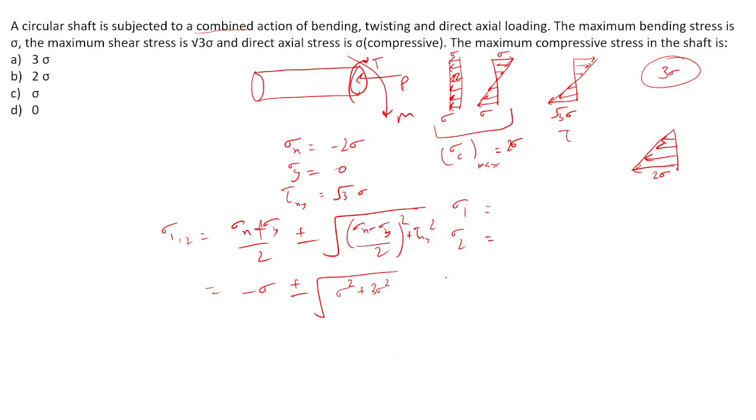So this will become either sigma or minus 3 sigma. This you have to keep in mind. Here they have asked about the maximum compressive stress. So the maximum compressive stress would be 3 sigma, right? Is it okay for everyone?